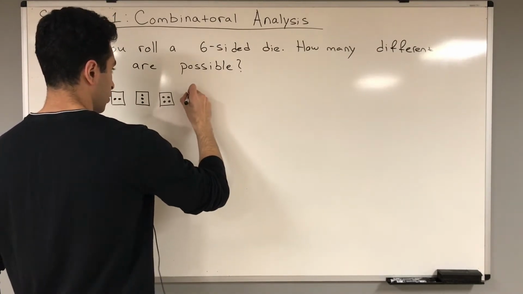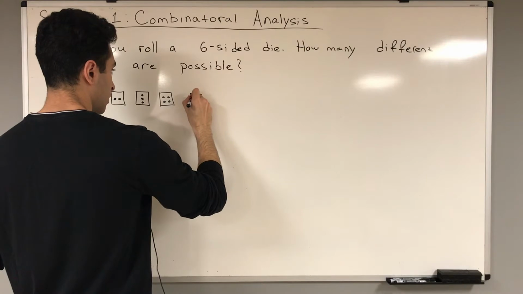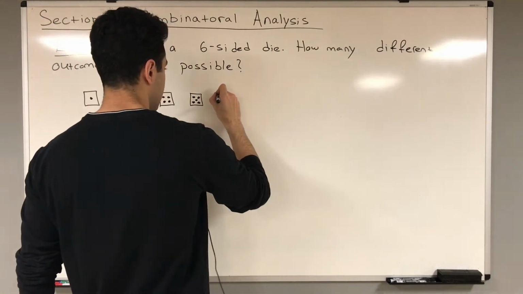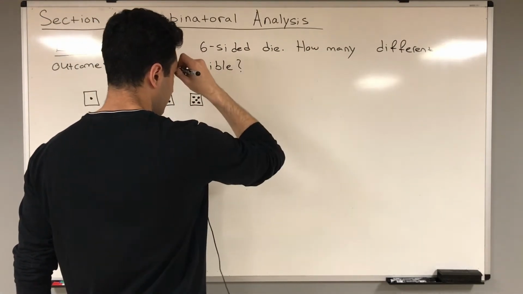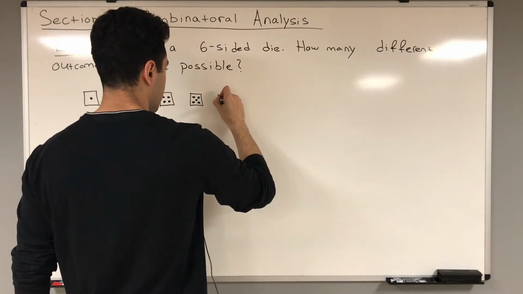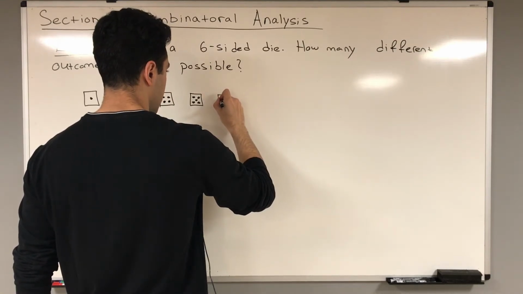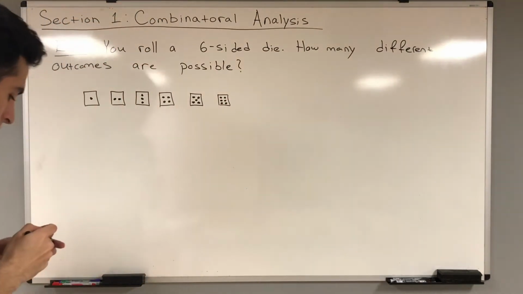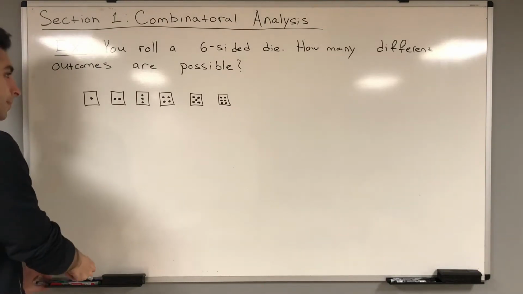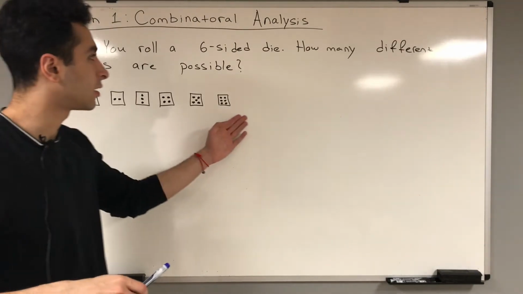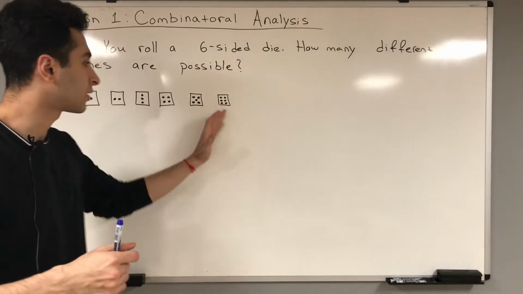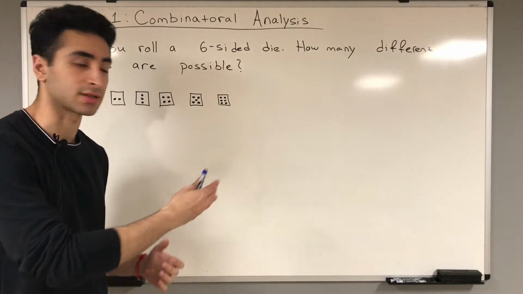My squares aren't really squares, but let's pretend they are. The 5th face has 5 dots. And then obviously the 6th face of the die has 6 dots. So 1, 2, 3, 4, 5, 6. Awesome. So these are all the sides of this 6-sided die, right? We've all seen a die. I just laid out the faces so we can all see them simultaneously.